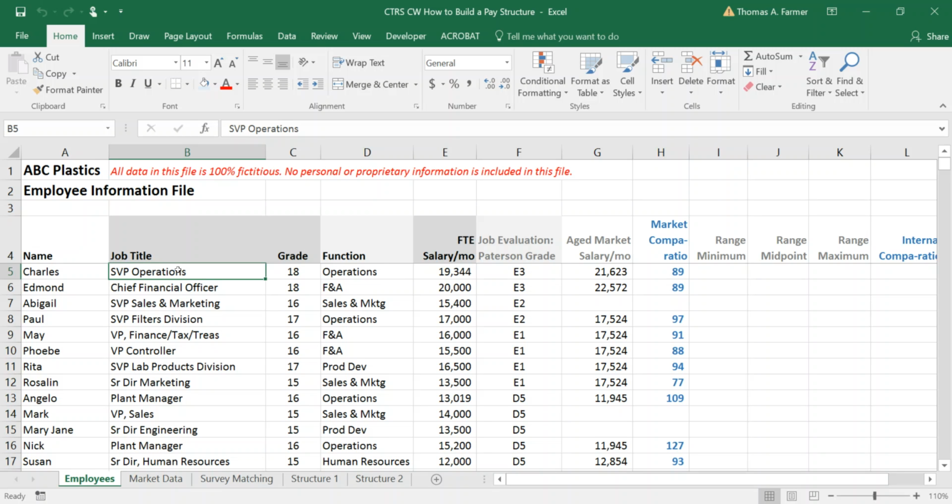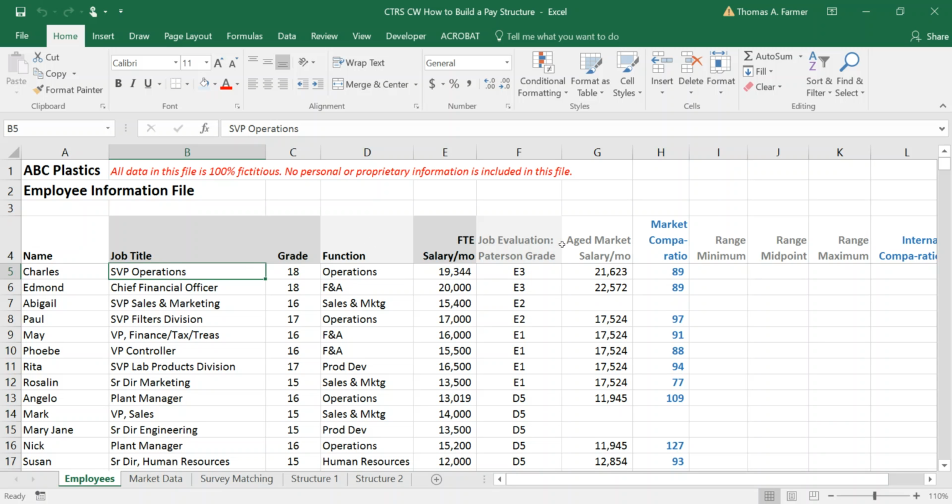You only need to match the job to a survey once. Really, we don't match people to survey jobs. We match jobs to survey jobs. And that becomes the match for all the people in a given job. Okay? So we have a one-to-many relationship between jobs and people.